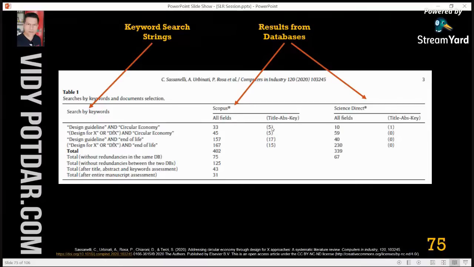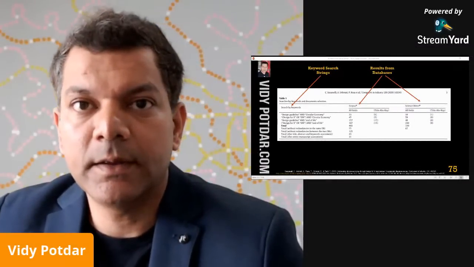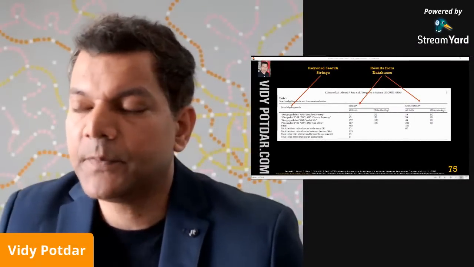And the one in the bracket, if I remember correctly, of these 33 papers, 5 were selected. Similarly, you can see other keywords in a table of this format. So this is an example of a table that you can also include in your SLR, in your research paper.